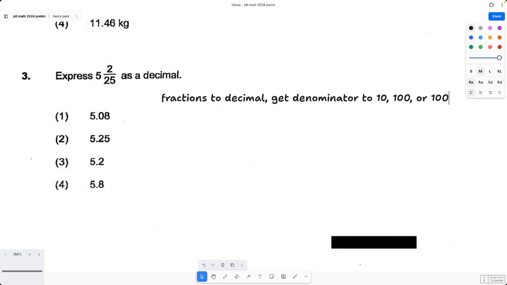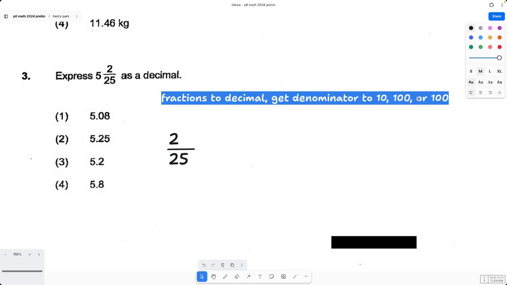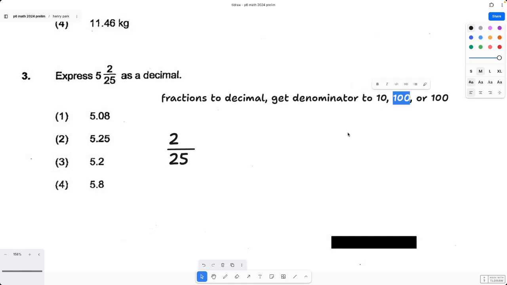In this case we have 5, the whole number is 5. So the one that we're concerned more about is the 2 out of 25. What do you think you can multiply 2 out of 25 with? Can 25 be either of these numbers? 10? Not really. 100? Yeah, can.